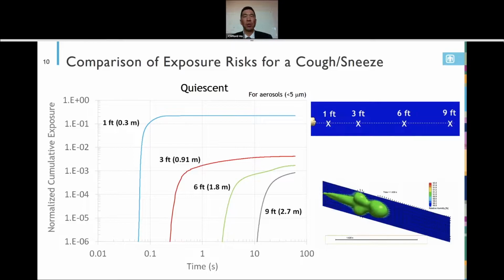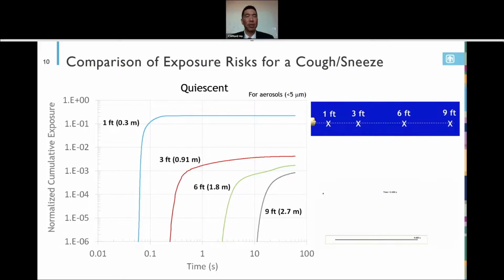And so what this shows on the lower right is the plume concentration if you were to cough in a quiescent air environment with no wind. This is for aerosol, so less than about 5 microns. We can treat this as sort of a plume that behaves very similarly to the bulk flow that's projected out by the expiratory event.